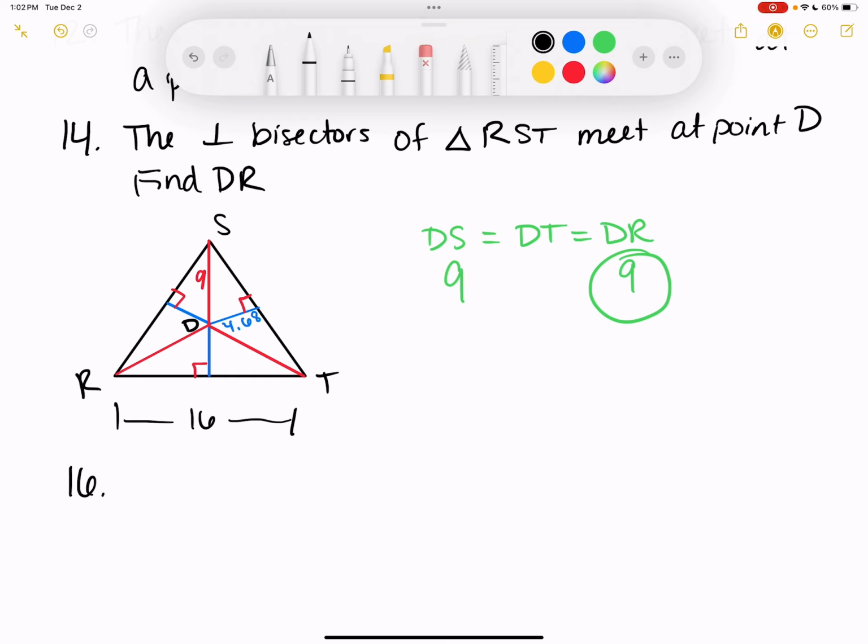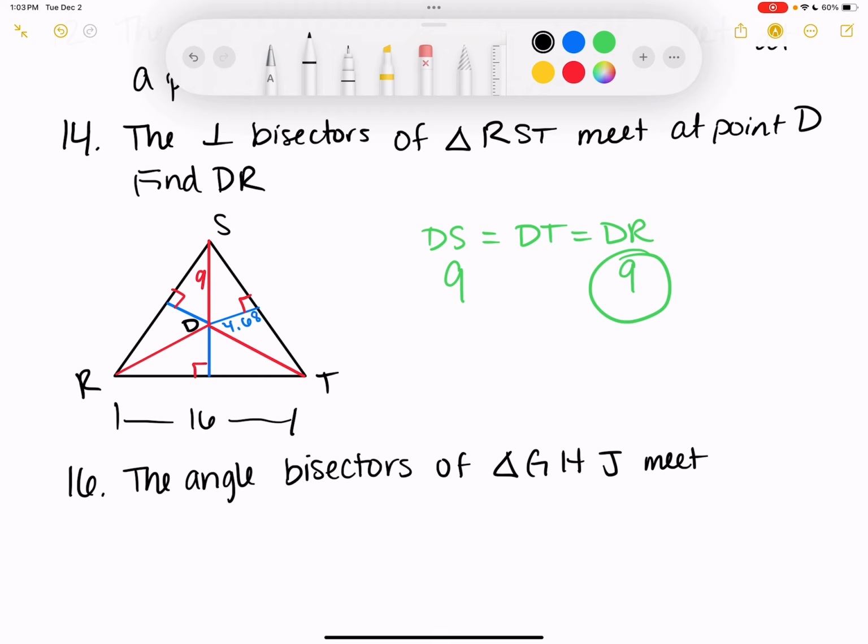The angle bisectors. So notice last one was perpendicular bisectors. This one is angle bisectors of triangle GHJ meet at point K. Find KB.